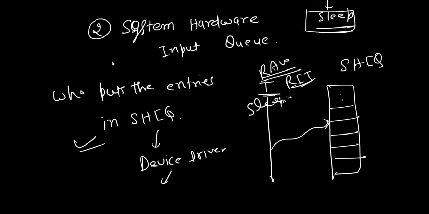You know that device drivers are related to the keyboard. You know that the device drivers are also related with the mouse, right? In your computer system, the device driver for the keyboard and the device driver for the mouse have both been installed, right? So as soon as you click anything from the mouse, first we take the example of mouse.